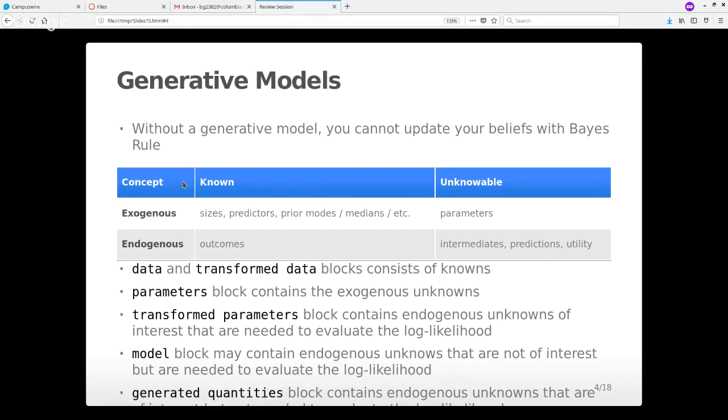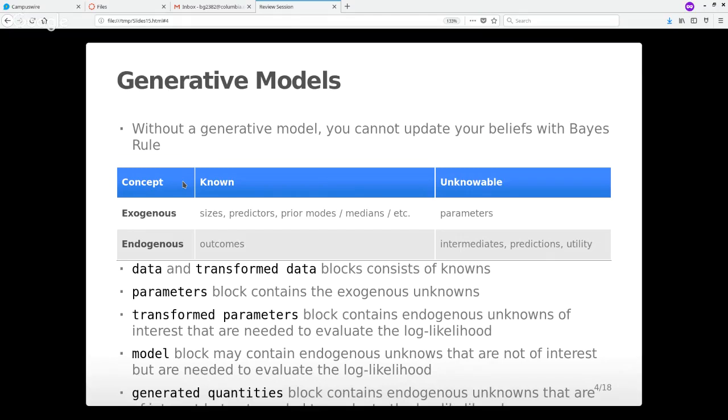And then the generated quantities block can be used to evaluate endogenous unknowns that are of interest but not needed in order to evaluate the numerator of Bayes' rule in the model block. So Stan doesn't have to do derivatives and stuff with respect to them. That can all be put in the generated quantities block to save those sorts of things.